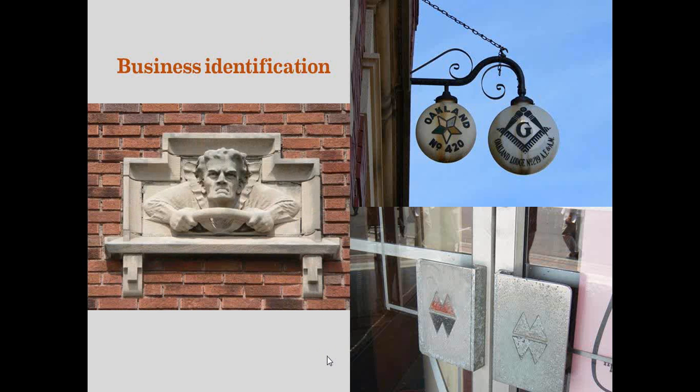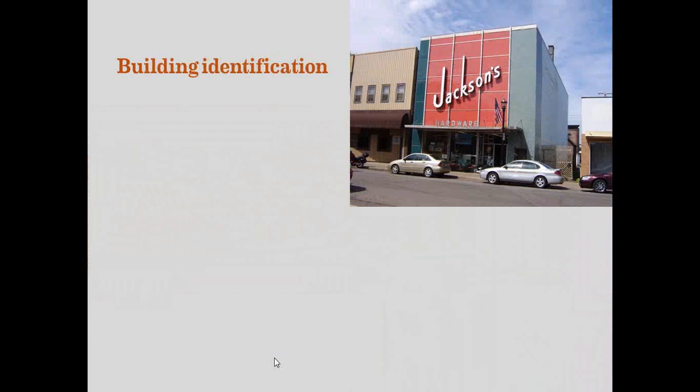And signs don't even have to be typographic at all. Even in this case, when we dispense with lettering, we understand that this is a sign for an auto dealership. And we understand that now, and certainly in the 19-teens or 20s when this sign was installed, that would have been the case as well. So these are all just examples of the various methods of identification for a business on Main Street.